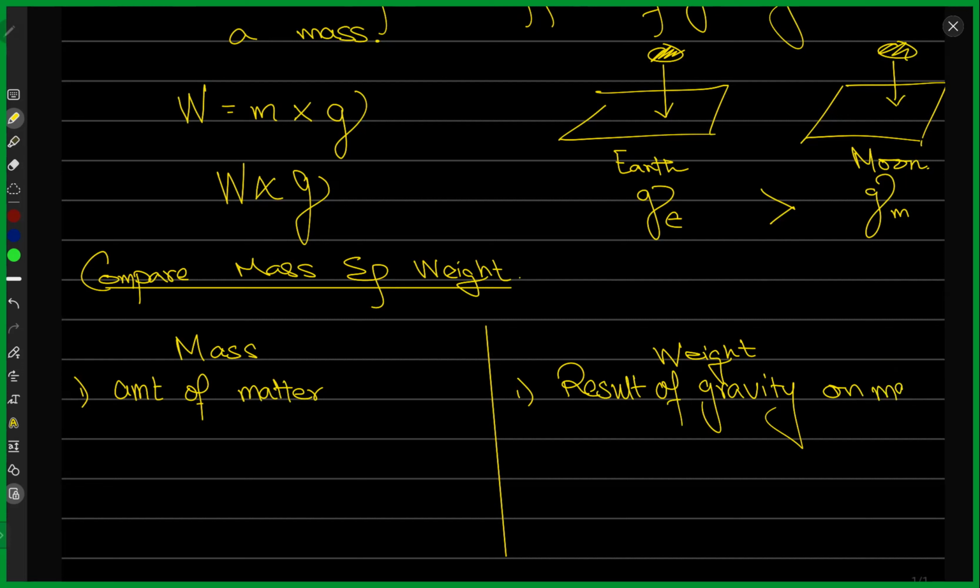So clearly you can see that if I had not defined mass, I could not have talked about weight, because I'm using the word mass in the definition of weight, right? So mass is completely different, but how it is affected by gravity is weight. So that's the difference between the two.